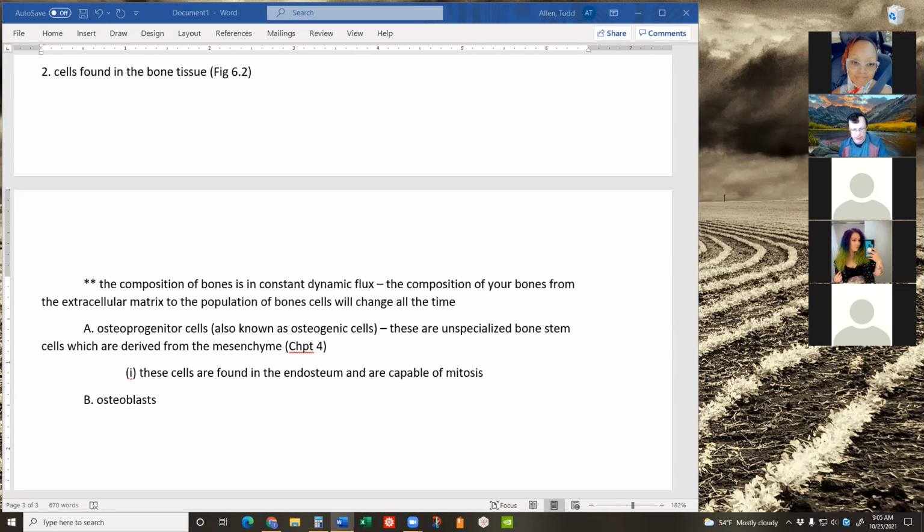So osteoblasts are known as bone building cells. Okay. Osteoblasts are responsible for a process known as bone deposition.